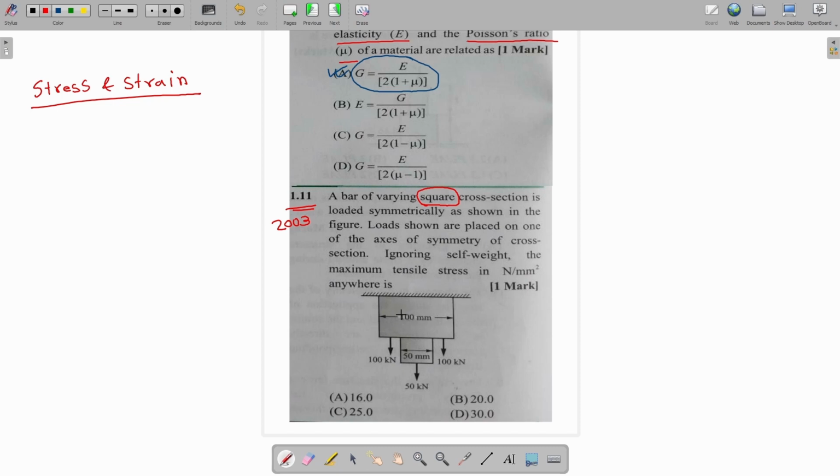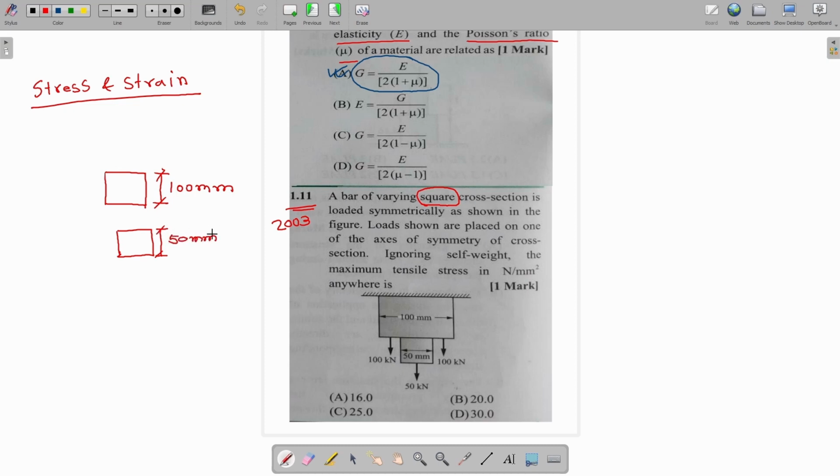The cross sectional measurement is given by 100 millimeter and the bottom region 50 millimeter. So suppose if this is a square, the sides are given as 100 millimeter and 50 millimeter.